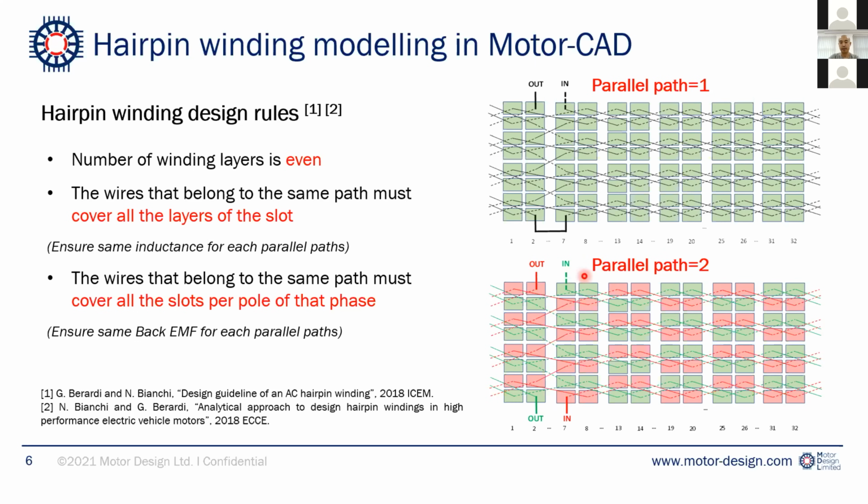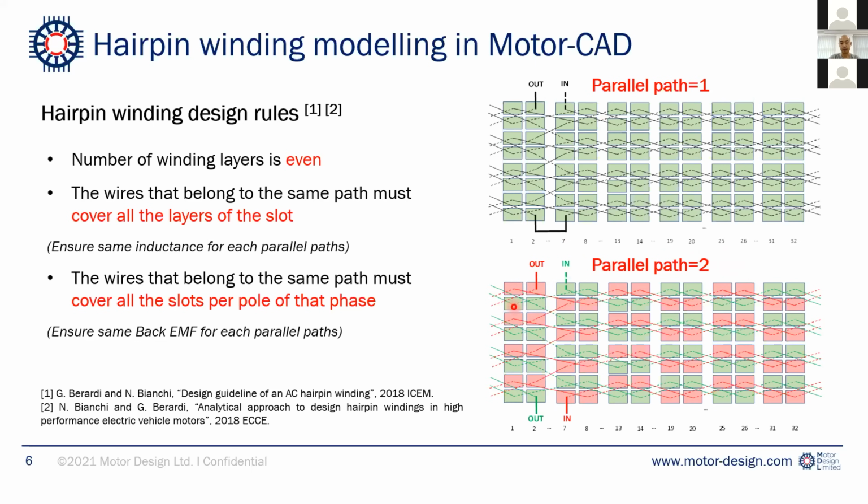And when we have 2 parallel paths, for example the red and green colors, we do the transposition between these slots, going up and down to cover all the winding layers.